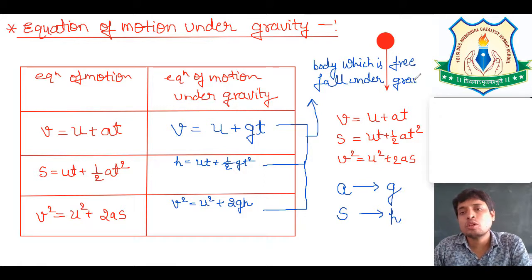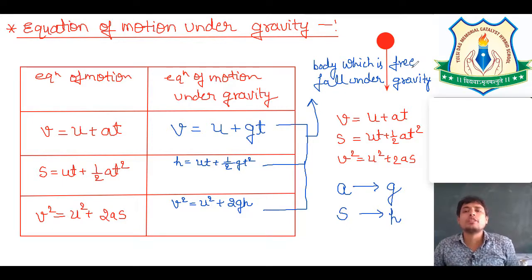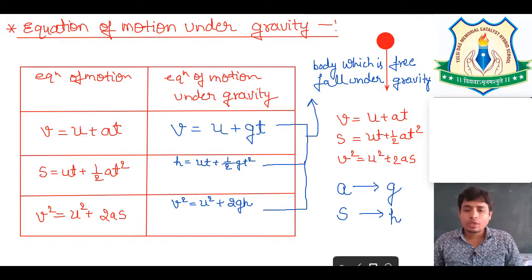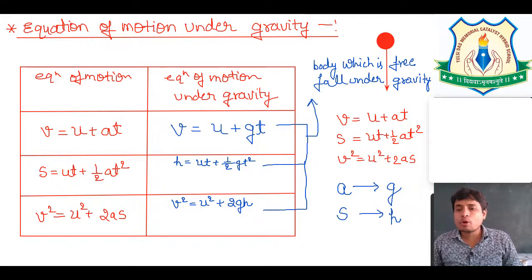Do you know what free fall is? Free fall means you take a body and let it fall freely. For example, take a small piece of stone to the roof and release it from the roof, that is called free fall.